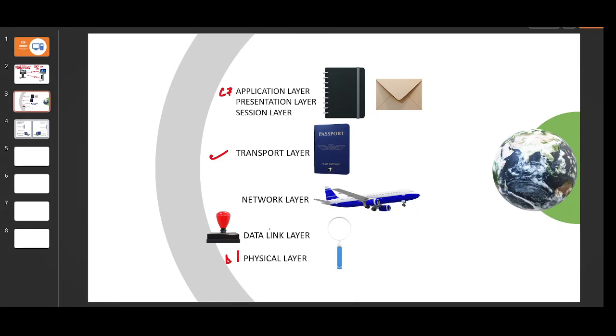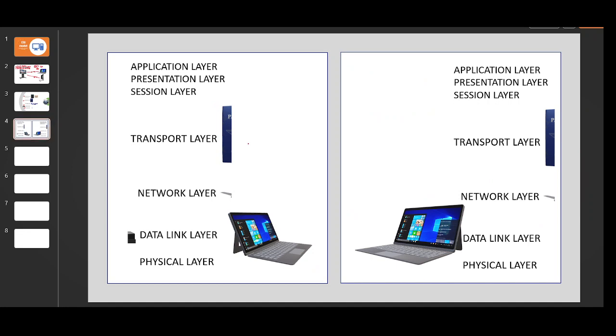Now guys, these devices are from different vendors and they want to communicate with each other. They follow this set of rules, these steps. If these devices follow these steps, then device number 1 can communicate with device number 2.